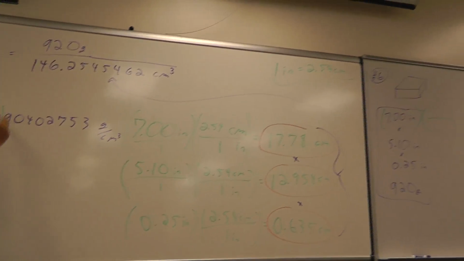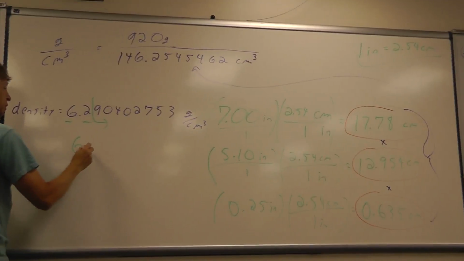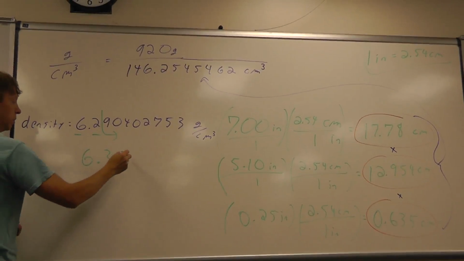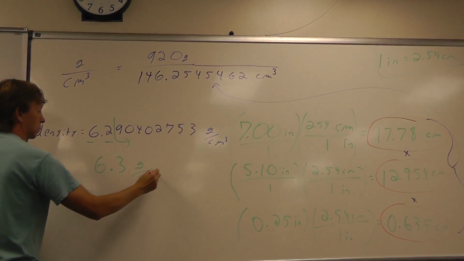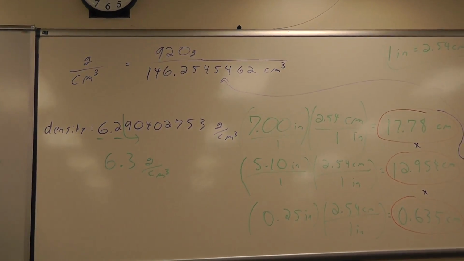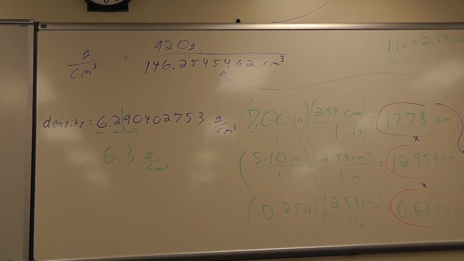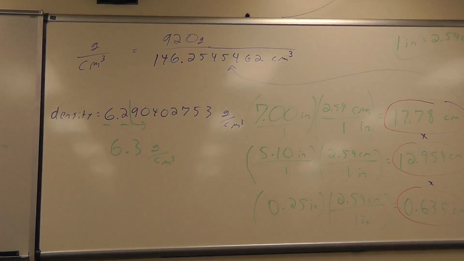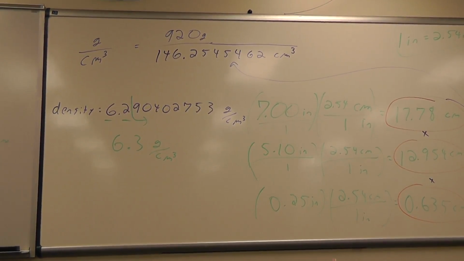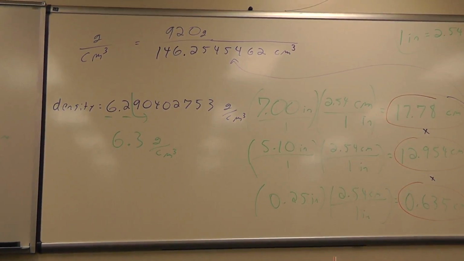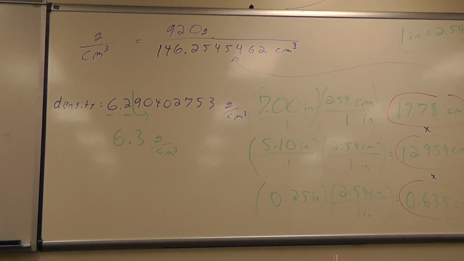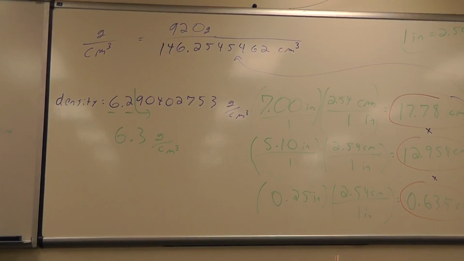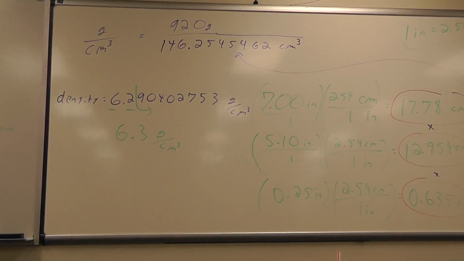This keeps, everything else rounds, that rounds up, so 6.3 grams per cubic centimeter. 6.3 would be the properly phrased answer. Question with that? Comfortable with it?